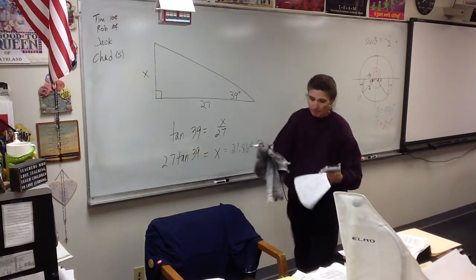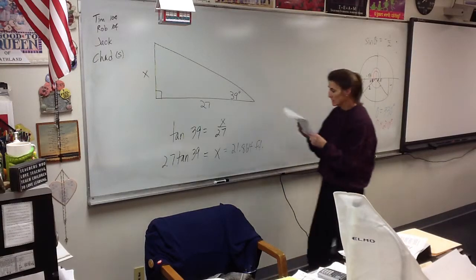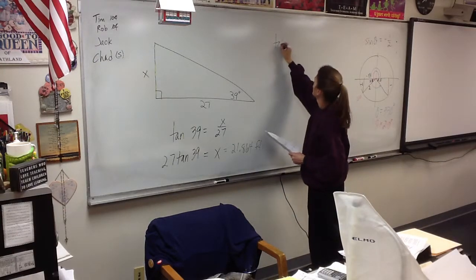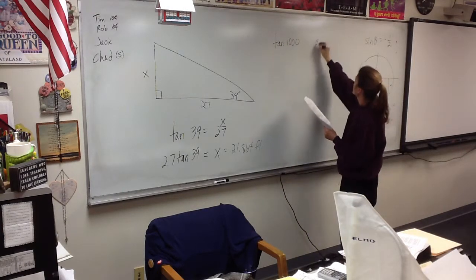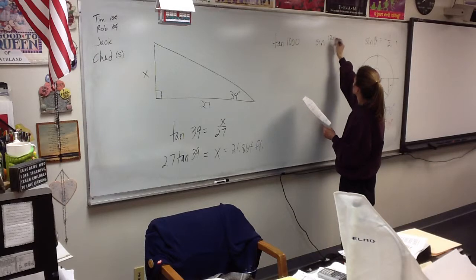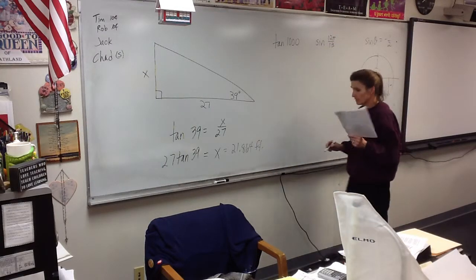Now we got something different here. It says, consider the tangent of 1,000 and the sine of 12 pi over 13 and the secant of negative 11.